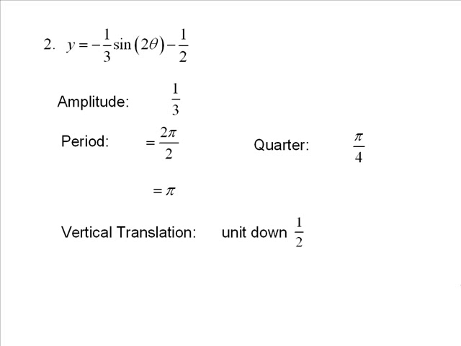Our vertical translation is down 1/2 unit. Not very good English on that, but down 1/2. And there is this reflection in the x-axis.